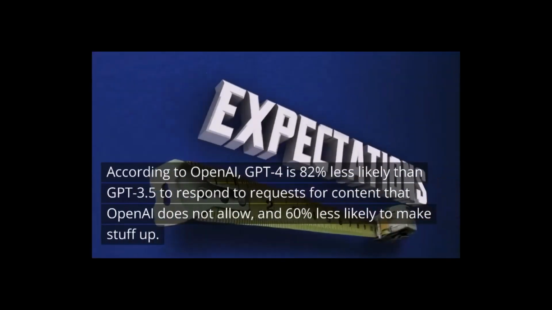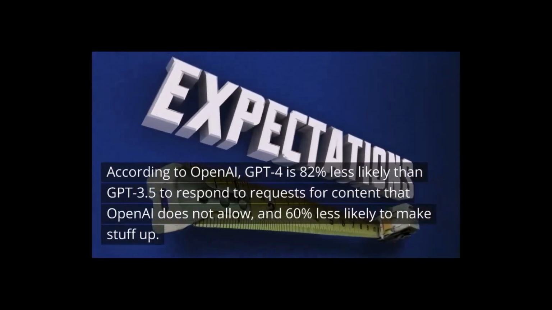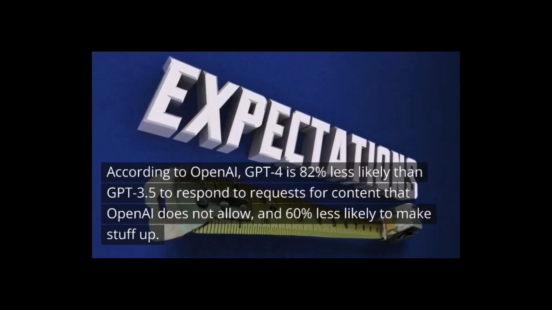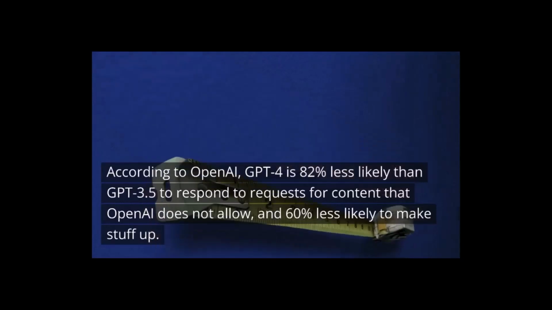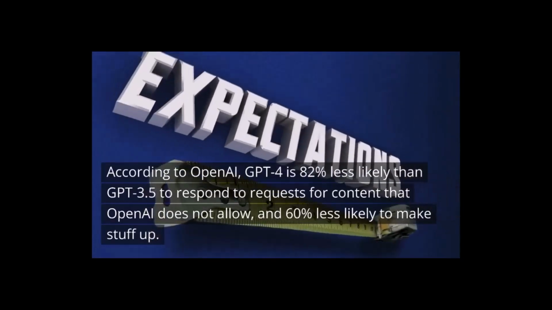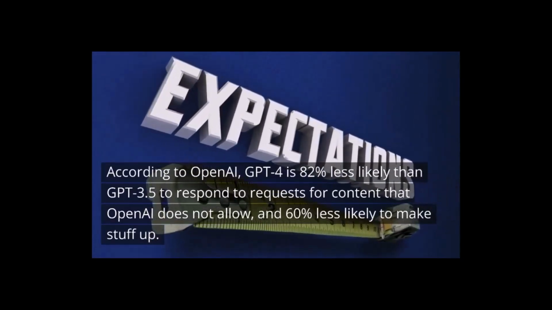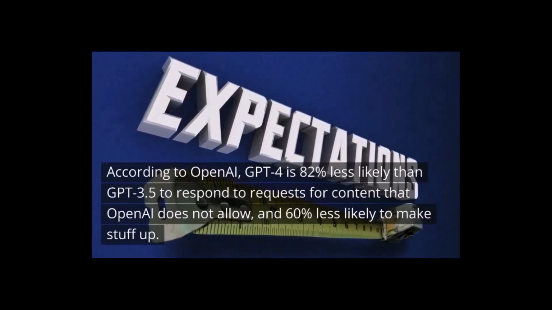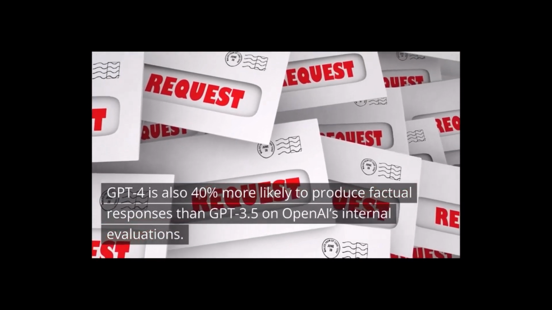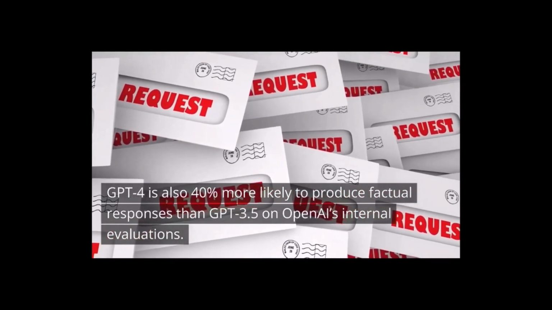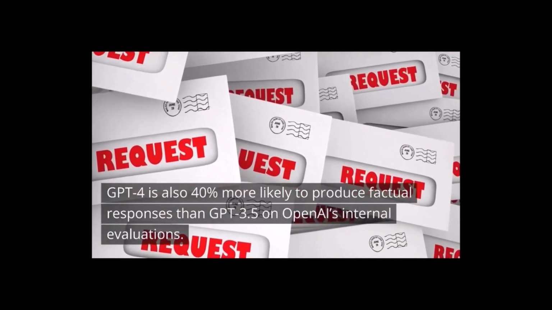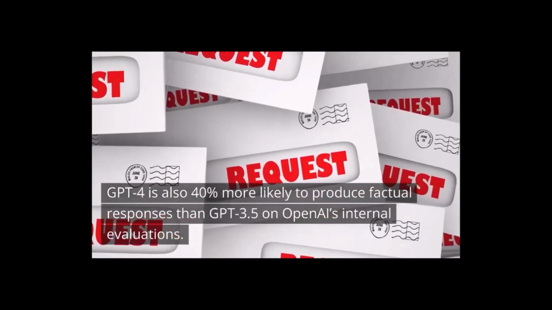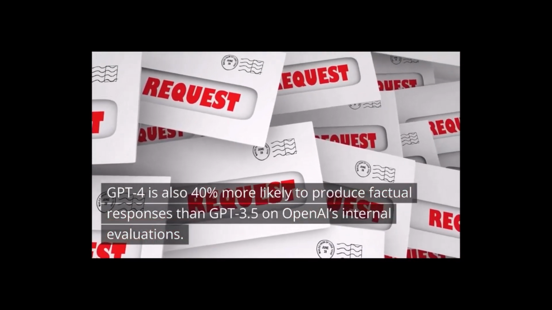According to OpenAI, GPT-4 is 82% less likely than GPT 3.5 to respond to requests for content that OpenAI does not allow, and 60% less likely to make stuff up. GPT-4 is also 40% more likely to produce factual responses than GPT 3.5 on OpenAI's internal evaluations.